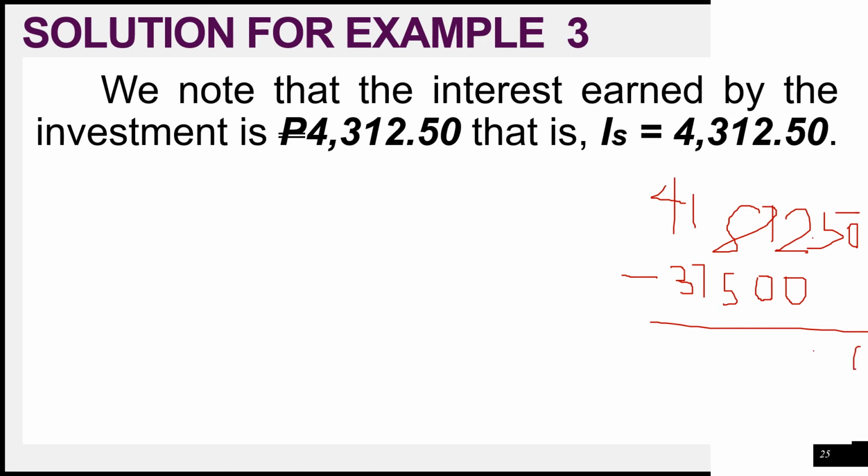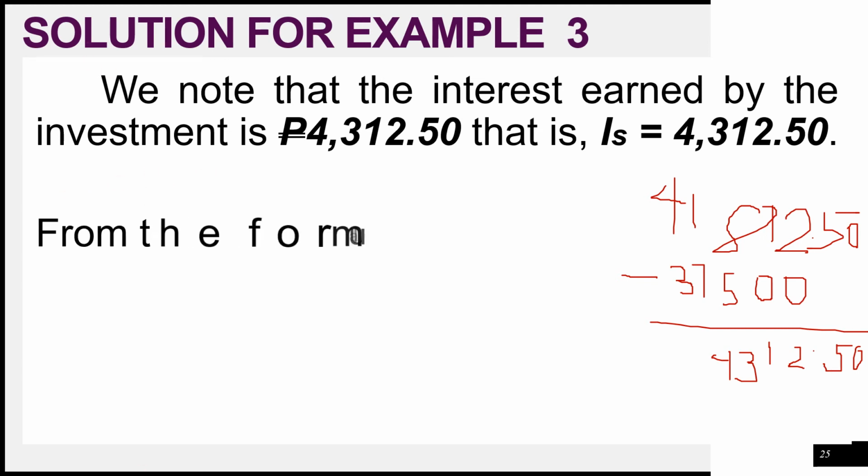Then we have 50 cents, 2, 1, 3, and then we have 4. So, by subtracting the principal amount from the future value, we get 4,312 pesos and 50 cents. And this is actually the interest earned by the investment after 5 years.